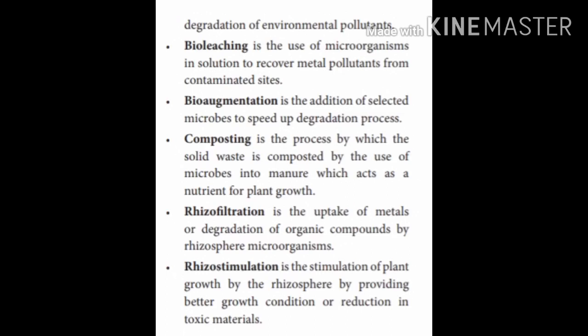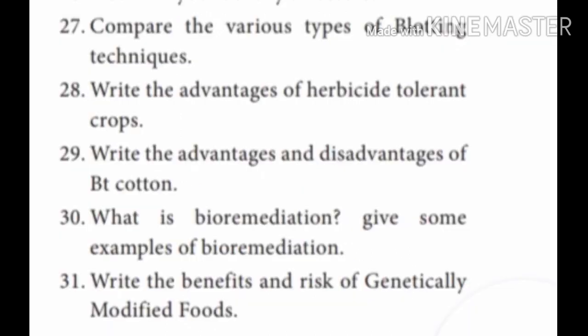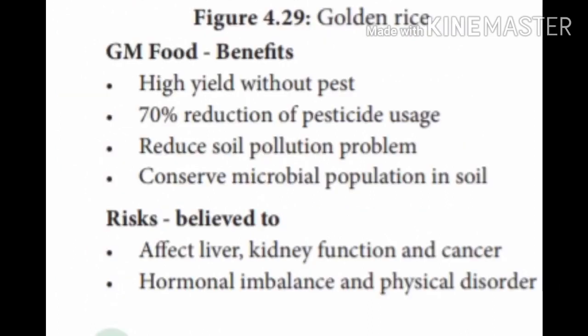Write the benefits and risks of genetically modified food. Okay, we'll see the answer now. Figure 4.2.9க்கு மேலே கீழே இருக்குது. GMனா genetically modified foodோட benefits, சரியா: high yield without pests, 70% reduction of pesticide usage, reduce soil pollution, conserve microbial population in the soil. இதெல்லாம் benefits.